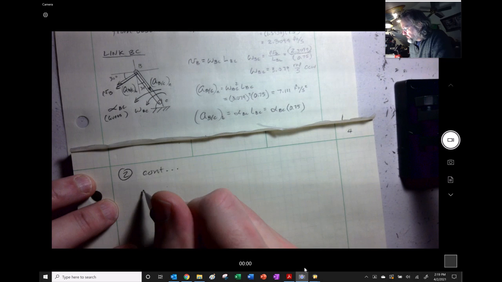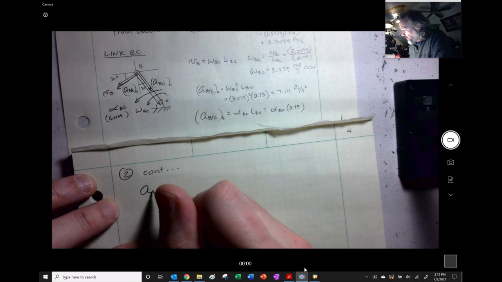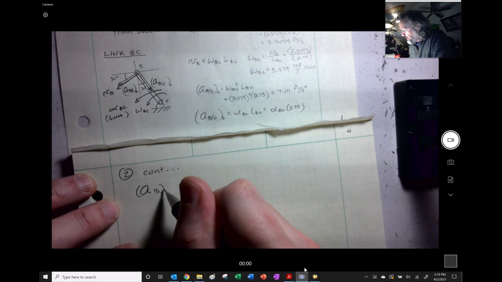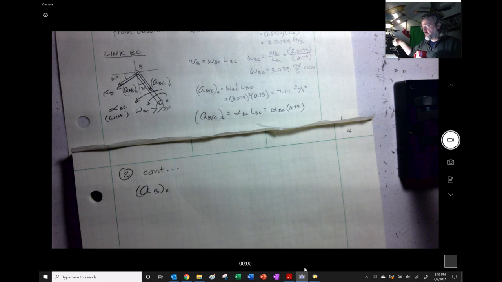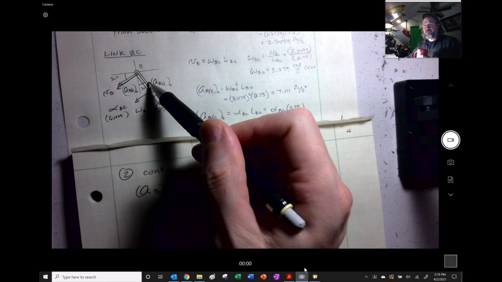And so my acceleration of B in the X direction, I'm going to put it as positive and negative. Here is something important that could get you really mixed up: I don't want to draw it like the arrows here.